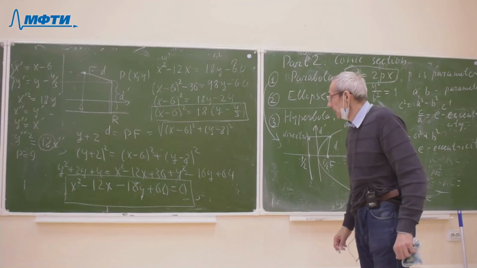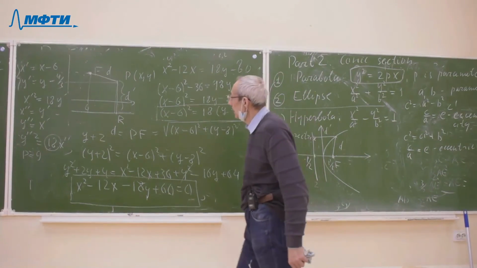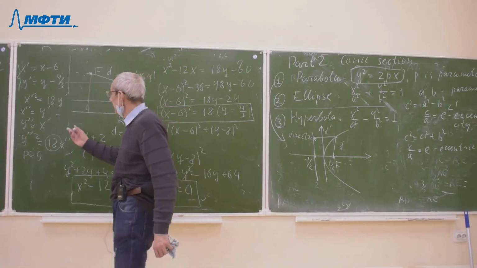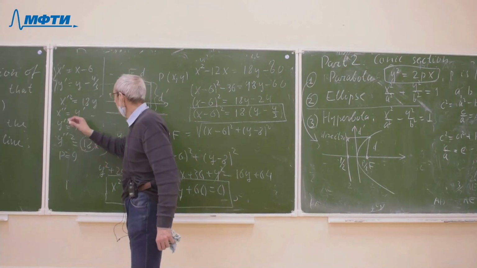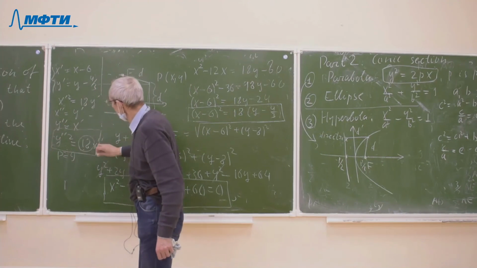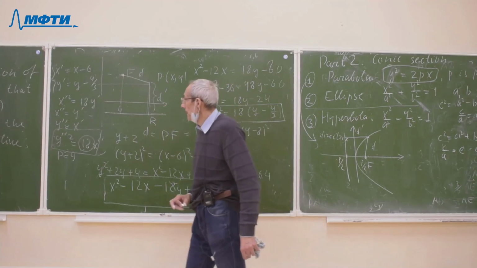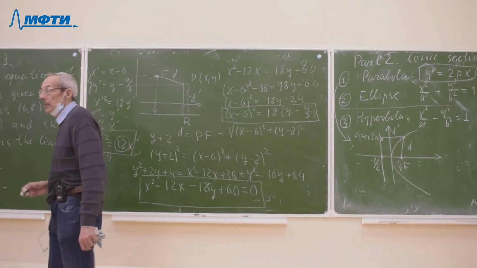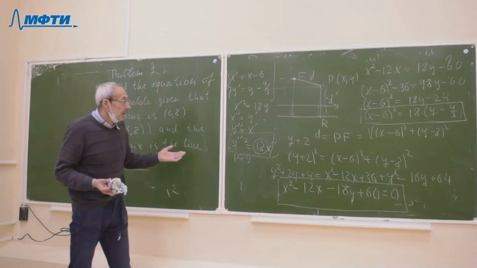And we can compare our calculation with the canonical coordinate system, where we obtain the canonical equation of the parabola. But in an arbitrary coordinate system, we obtain another equation.